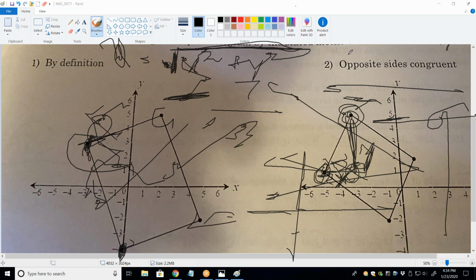2 squared plus 4 squared. What does 2 squared equal?